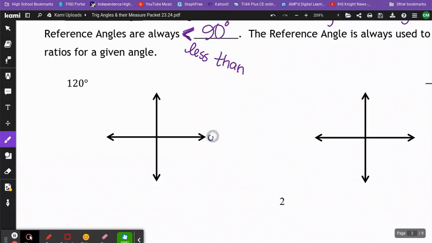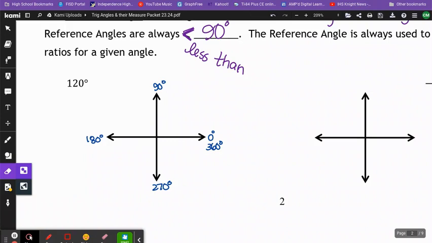We know we start here at 0. One trip all the way around would be a total of 360 degrees. So here's 90, here's 180, here's 270. So 120 degrees is somewhere in between 90 and 180, right? Where you land doesn't really matter a lot as long as it's in the correct quadrant.